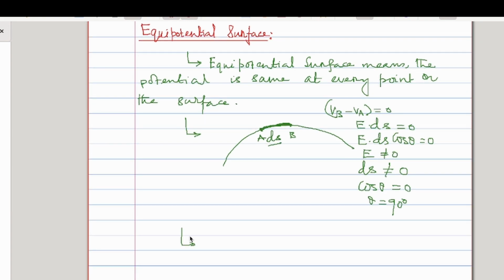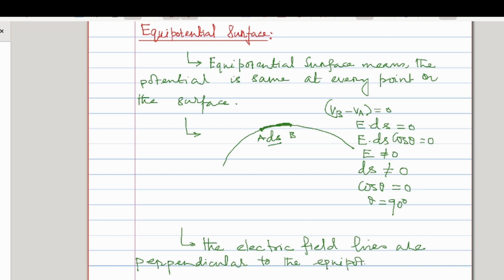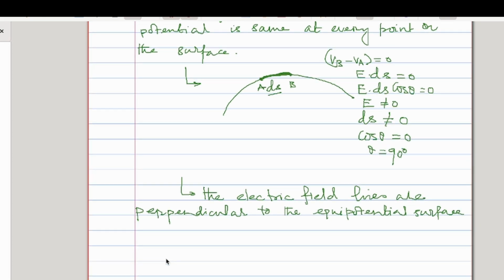So it signifies that the electric field lines are perpendicular to the equipotential surface.